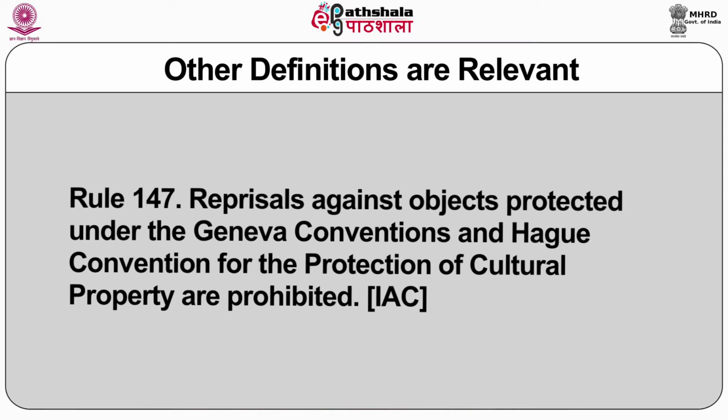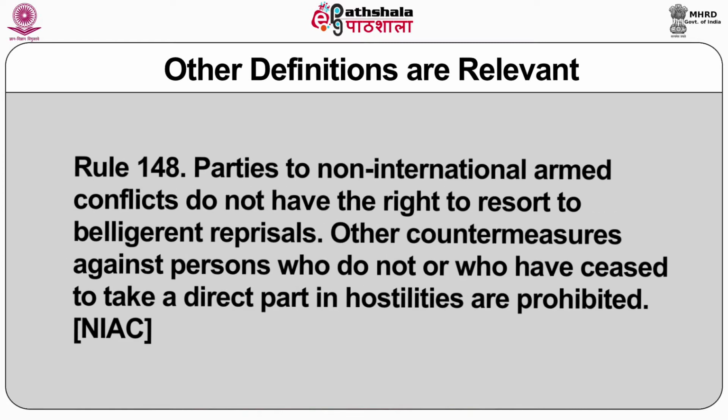This would qualify as an international armed conflict rule. Rule 148 goes further and says parties to non-international armed conflicts do not have the right to resort to belligerent reprisals. Other countermeasures against persons who do not or who have ceased to take a direct part in hostilities are prohibited.